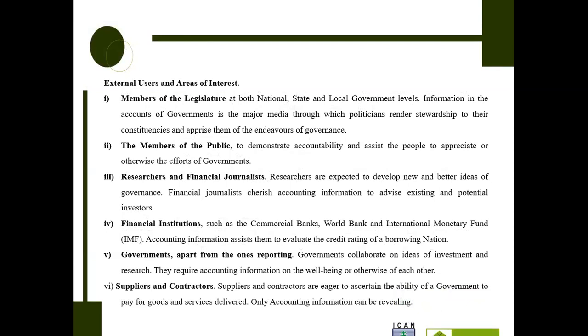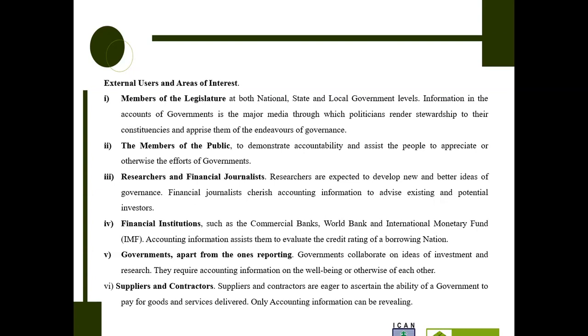External users and areas of interest. We're talking about external users. So these are users other than the primary users of public sector accounting. We have the members of the legislature. Who are the legislature? These are the national, state, and local government levels.